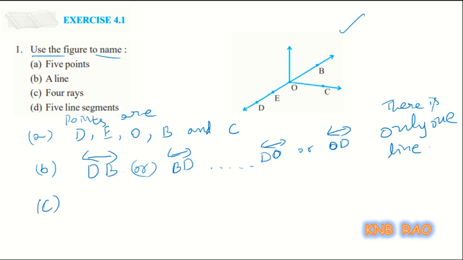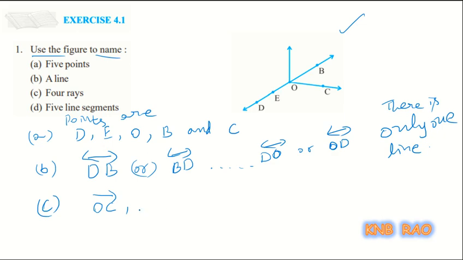Now, coming to C, 4 rays, you are asked to write rays. Here, if you observe, without a point extended in the direction we cannot say, but here there is one clear ray OC which you can easily tell. And what else are the rays?